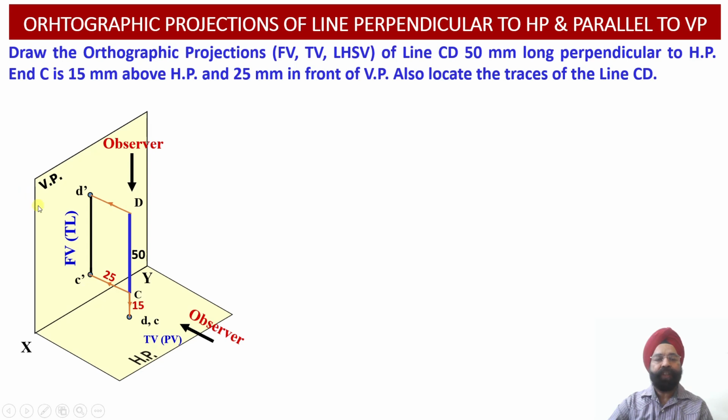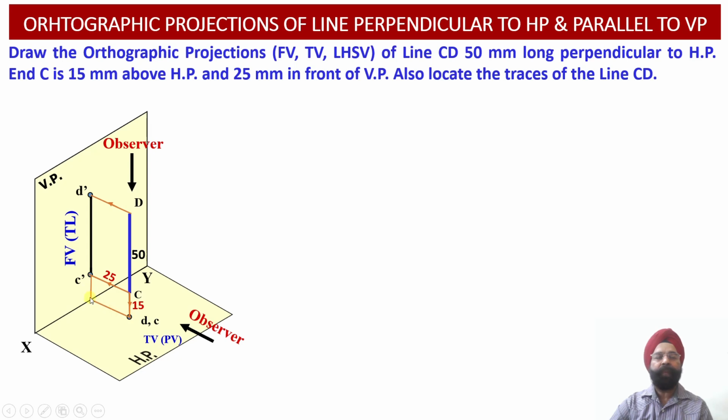So once we have obtained the true length projections of this line in the front view and the point view projections of this line in the top view, now we are going to establish the relationship between the front view and the top view projections, and this relationship will be established by drawing these two projection lines over here.